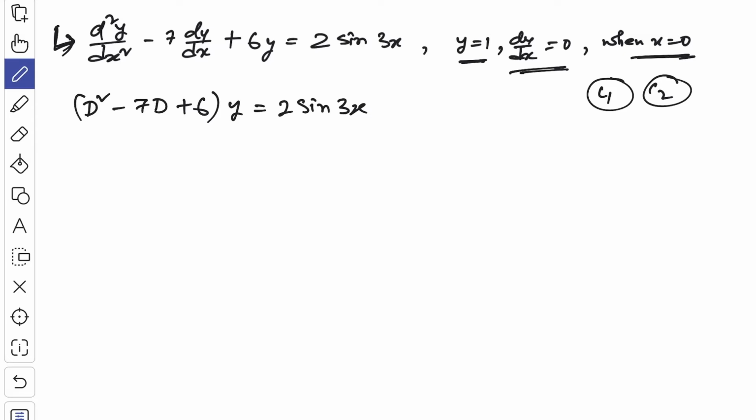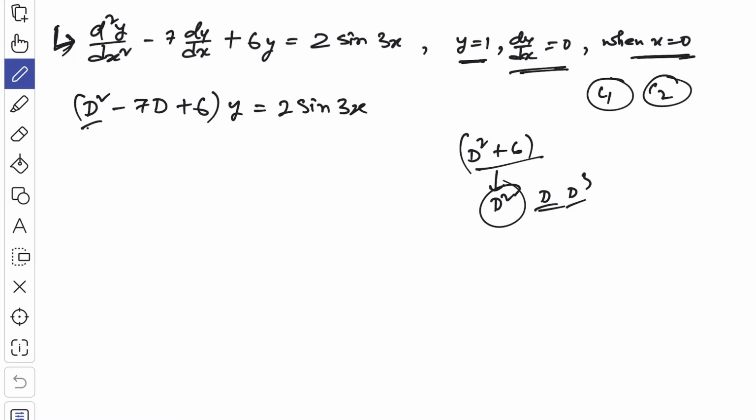Here you can see this is not the same as the first one, because in the first differential equation we had f of D as D square plus 6. That consisted only of D square, not D or D cube. Hope you have understood this.